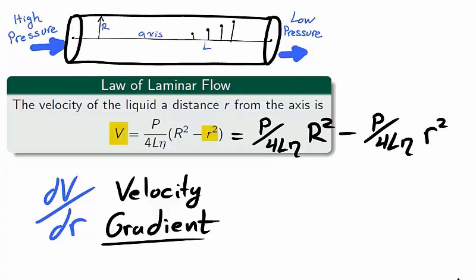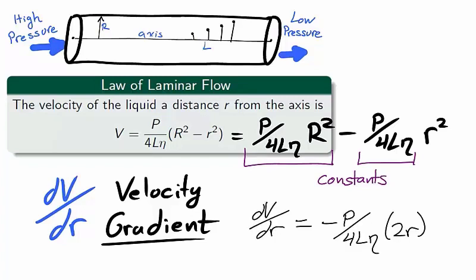Notice that the equation only possesses two variables, the velocity v, which depends on the radius from the axis, little r. We will assume that the tube is fixed, thus L and big R are constants. The liquid has been chosen, hence eta is a constant, and the pressure on each end is constant, hence P is constant. Therefore, we can take the derivative with respect to little r.